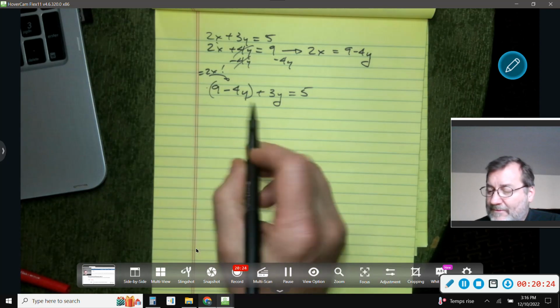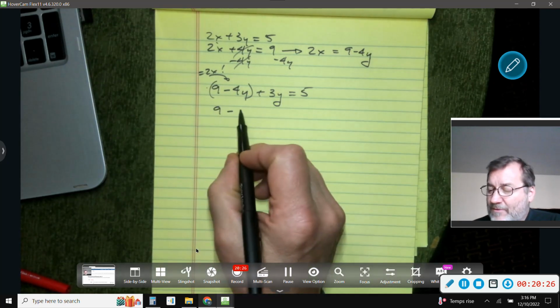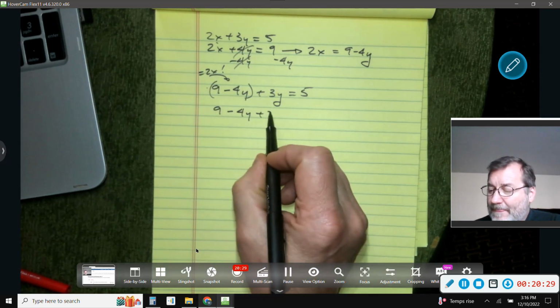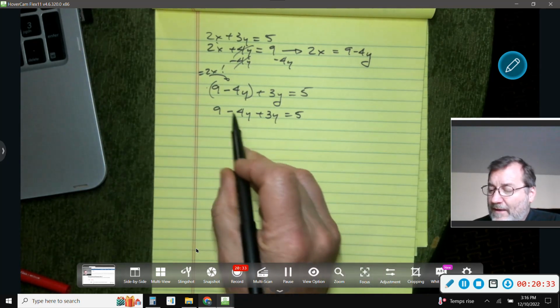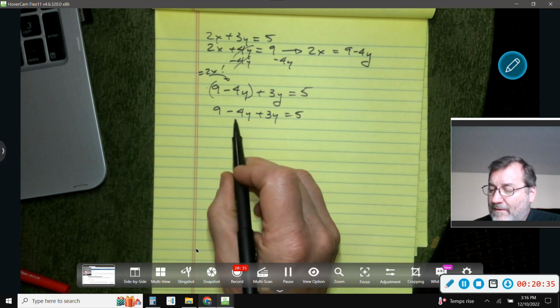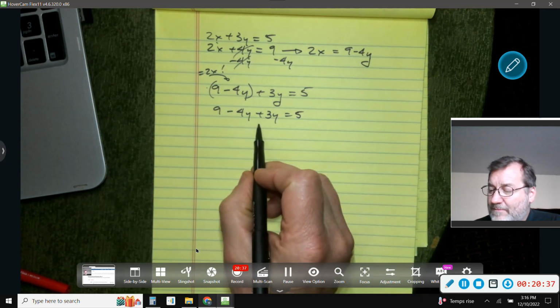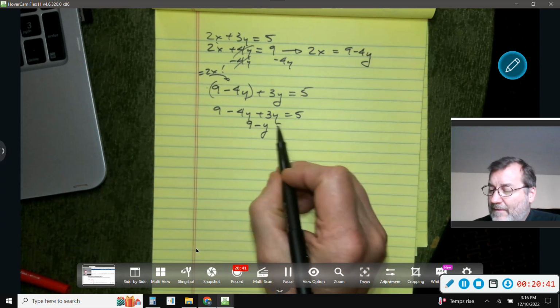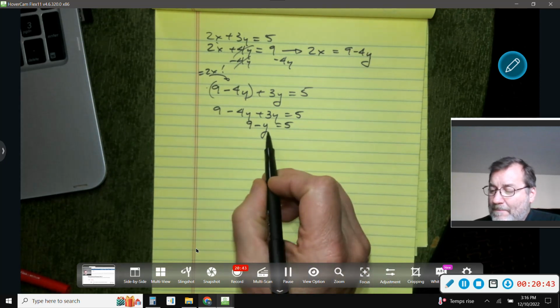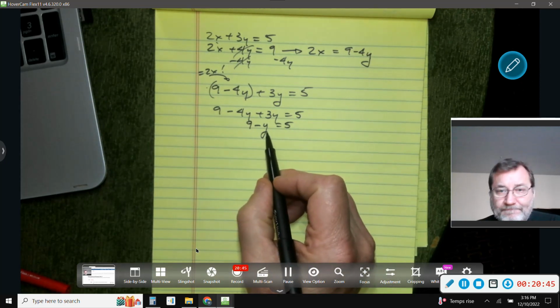Okay, so let's go through this. The grouping symbols don't do much for me. All right, and I look at this, I say, oh, I can add these two y's here. Negative 4 plus 3, that's just simply a negative y. And I'll have a 9, and then on the other side I have a 5. And remember, I'm solving for y.